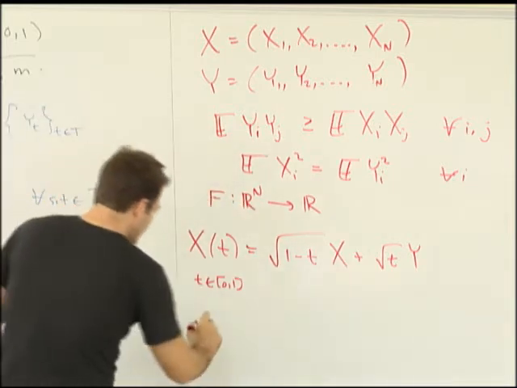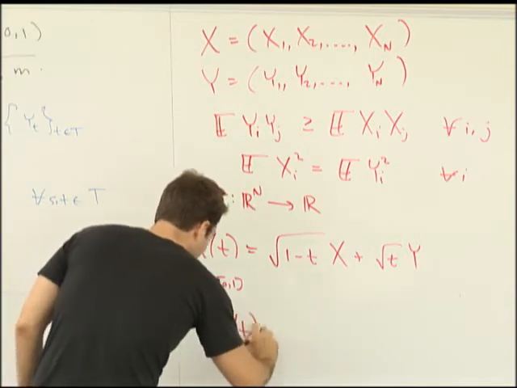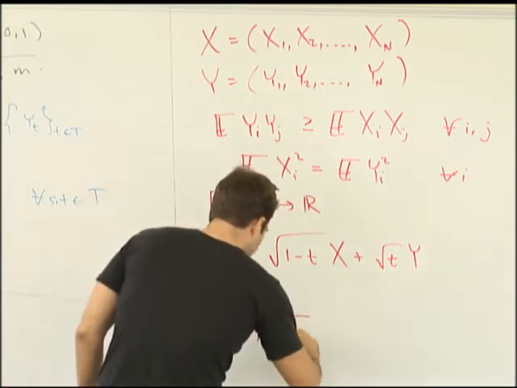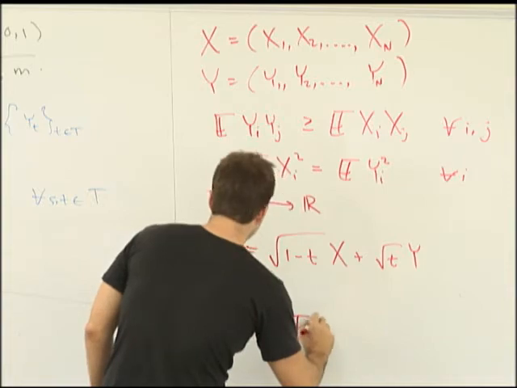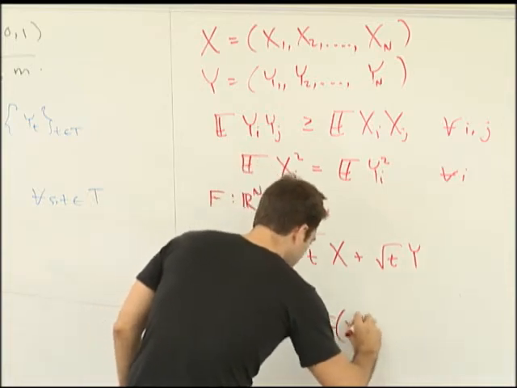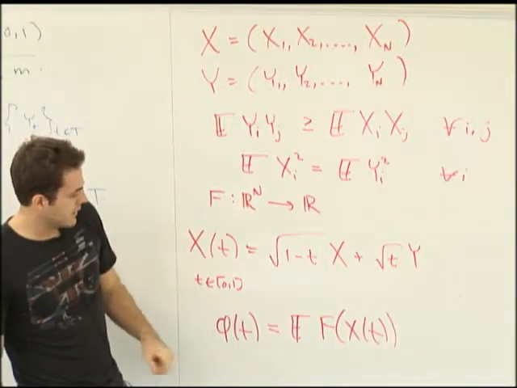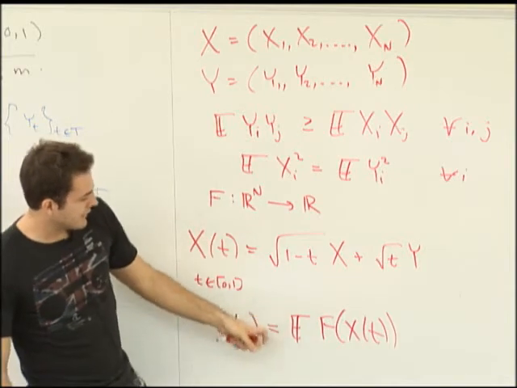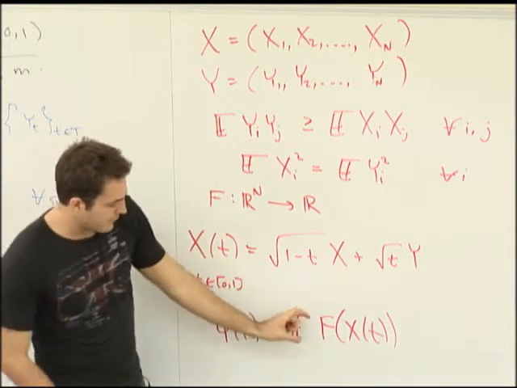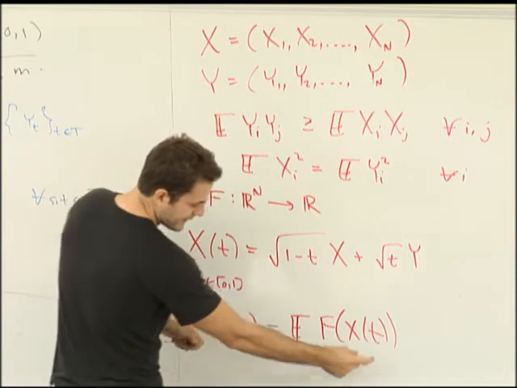Okay? And then let's finally define phi of t to be the expected value of f applied to x, the process at time t. So we have some value we care about, and we look at its expected value at time t.